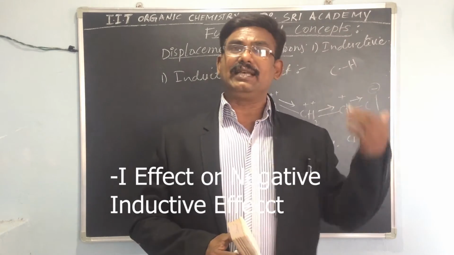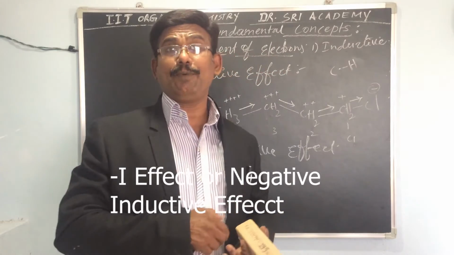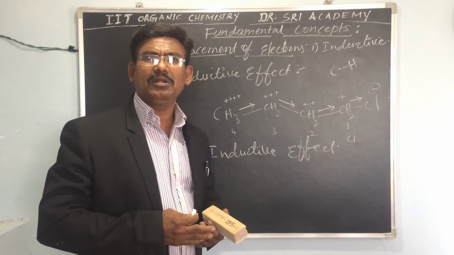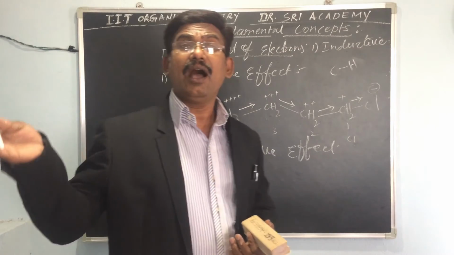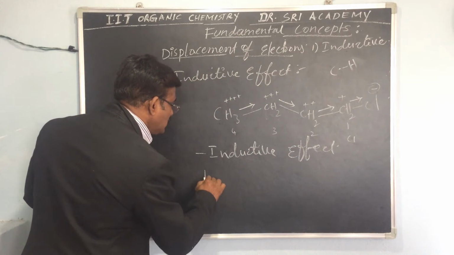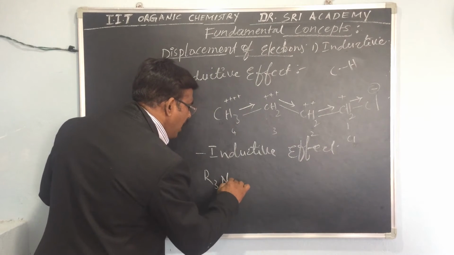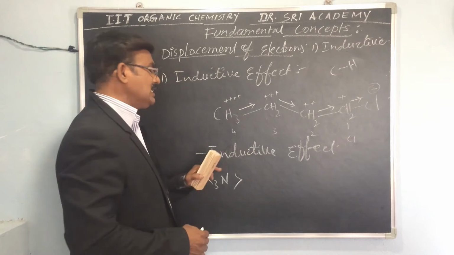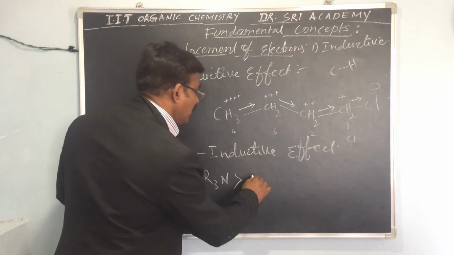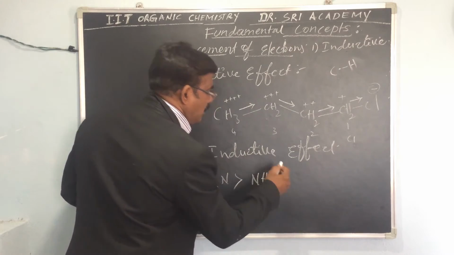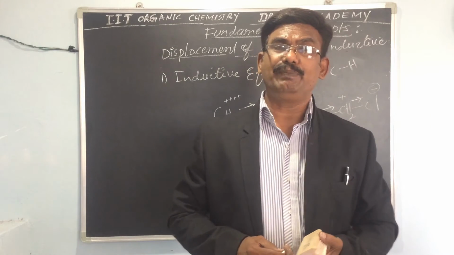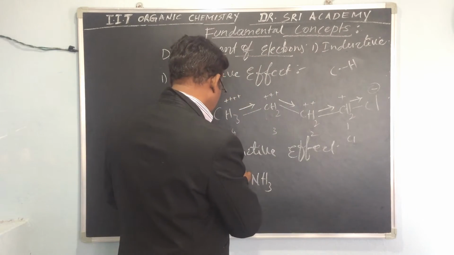For example, look at the decreasing order of the effect. The more positive the group, the greater the effect. Trialkyl ammonium has a greater minus inductive effect than ammonium, NH3 plus.